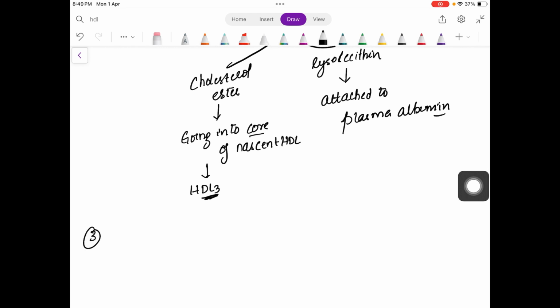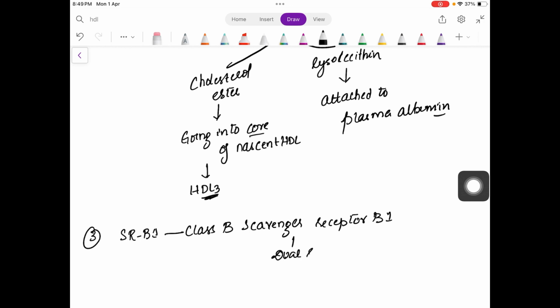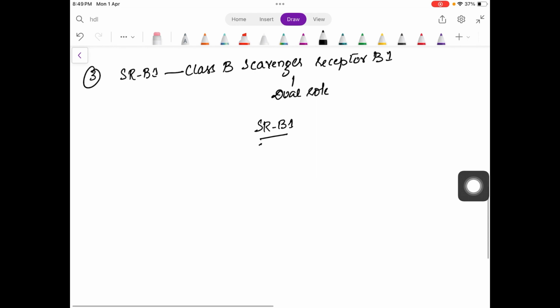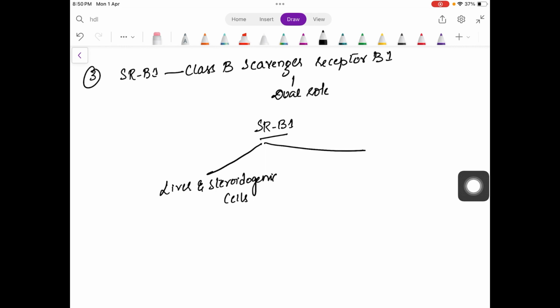Next, we will discuss about SRB1. What is SRB1? They are called class B scavenger receptor B1. It has a dual role. That means based upon the presence of this SRB1 in the different tissues, it has a different role. Whenever this SRB1 is present in liver and steroidogenic cells, they will have a different function.